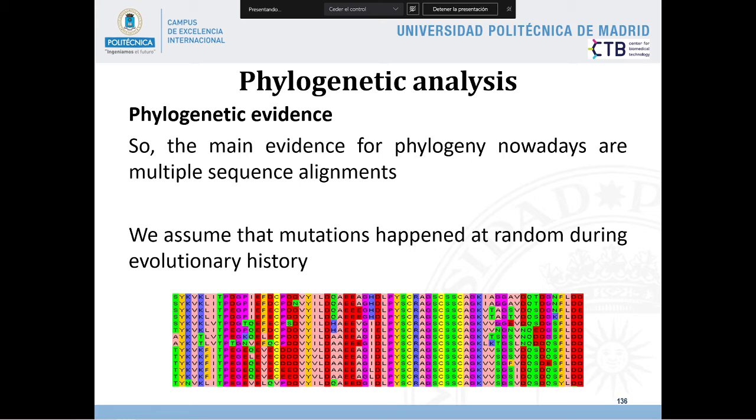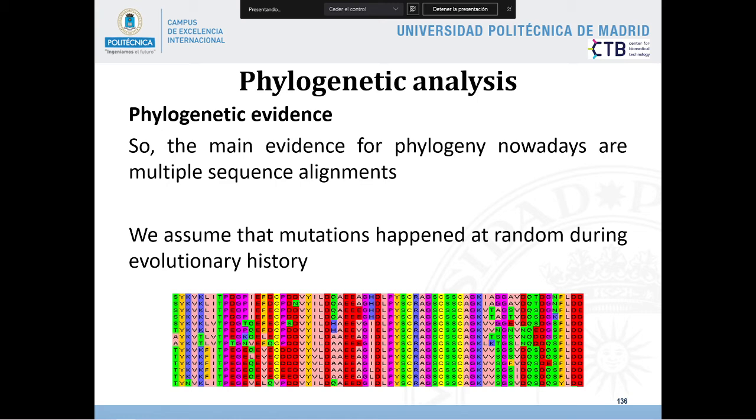Phylogenetic trees are usually built from multiple sequence alignments, as we have seen today, and because of that, we assume that the aligned positions of the sequences correspond to homologous positions, and the differences are due to mutations that occurred along the evolution history.